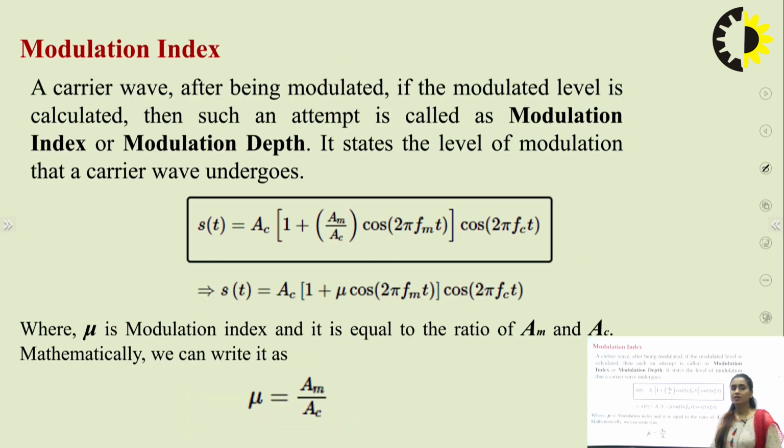What is modulation index? It defines the depth of modulation, up to what depth my wave has been altered. It is represented by the symbol mu or small m and is given as the ratio of the amplitude or voltage of the message signal divided by the voltage or amplitude of the carrier signal.